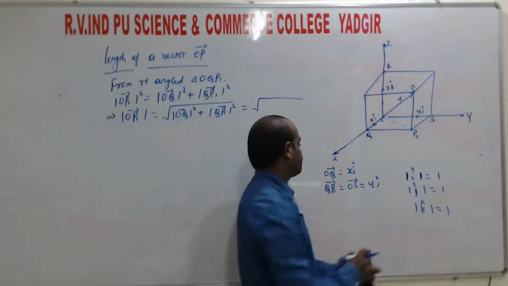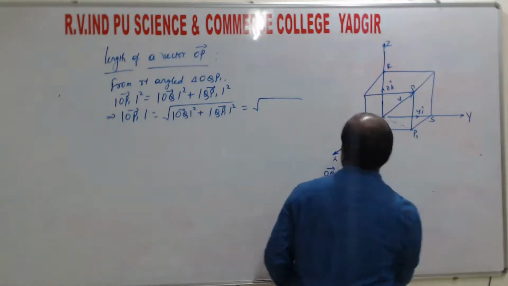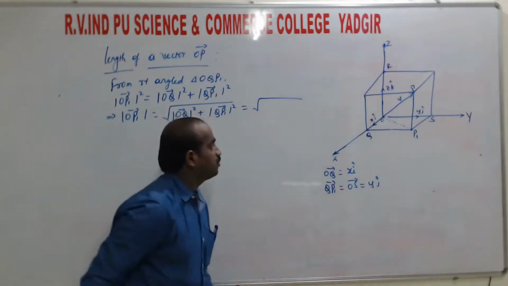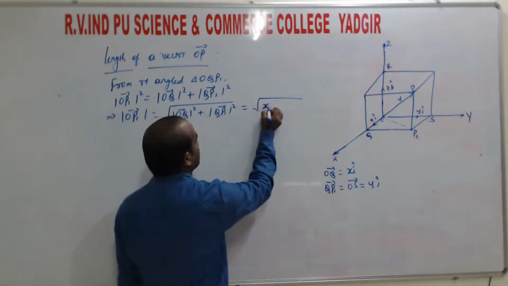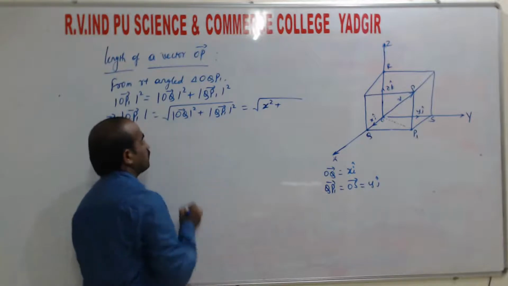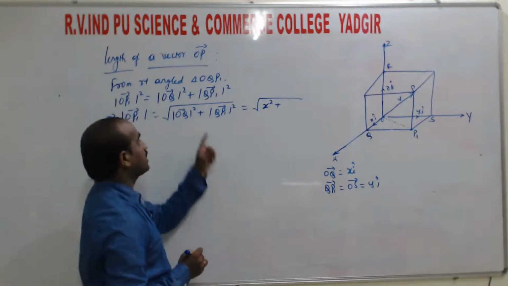Now the magnitude of OQ squared is x squared.